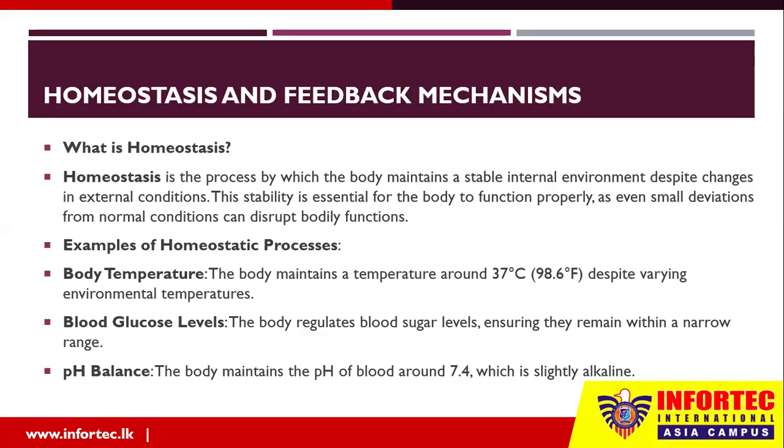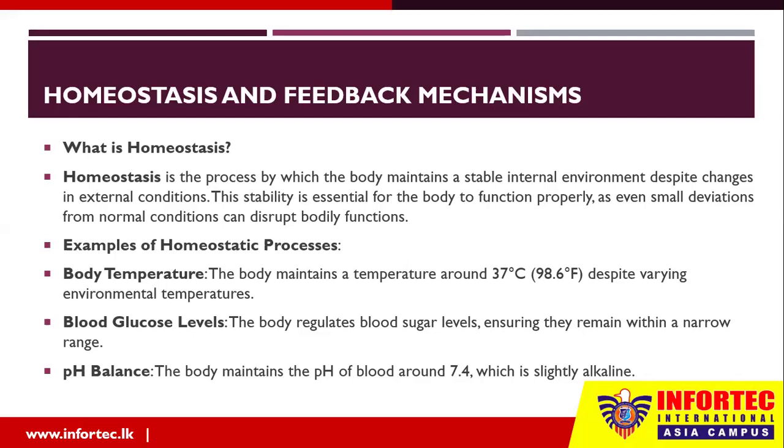Our normal blood glucose level is 70 to 110 milligrams per deciliter when we are fasting, right? So in order to maintain this normal blood sugar level, what are the homeostatic actions our body is taking?